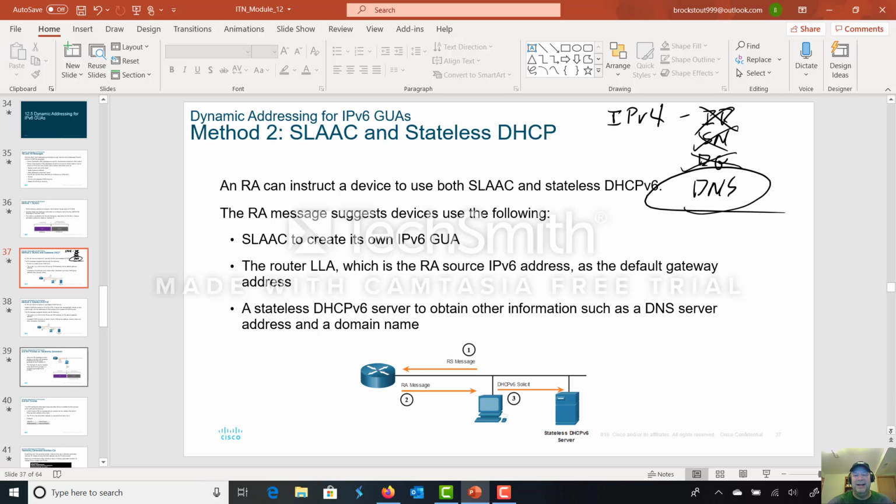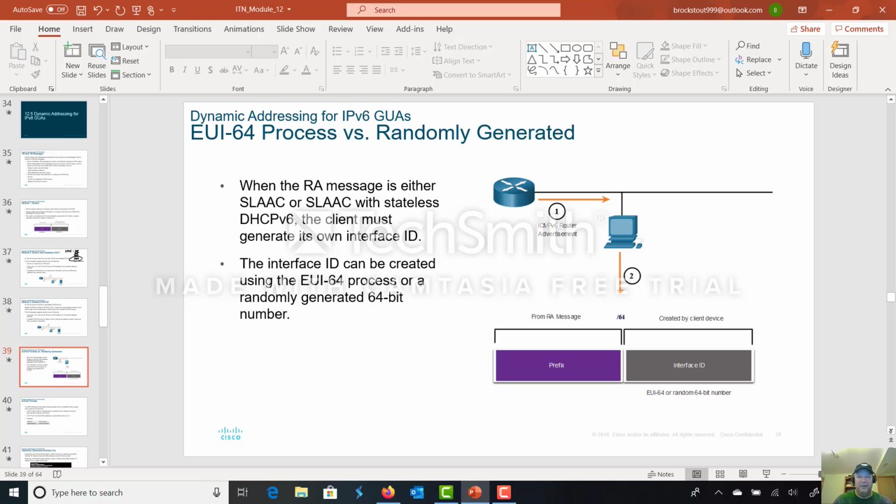In that case, a DNS server would be passed along to my device, and I would be able to then communicate on the internet. So the role of DHCP is shortened for the most part in IPv6 to just handing out usable DNS servers. So keep that in mind. That's really the main point of everything they get into on those pieces.